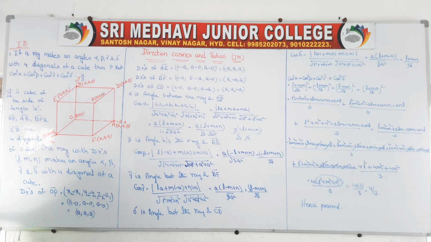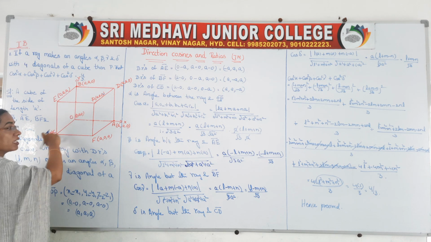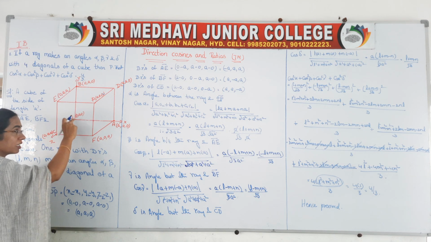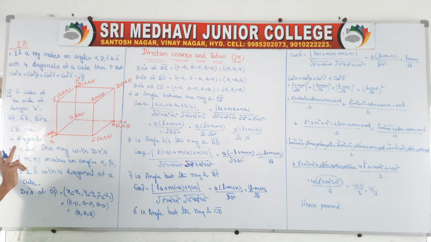Okay, so after that you take the diagonals. 4 diagonals are possible. What is the meaning of diagonal? From the corner or point of intersection of x, y, z, that corner's downward point to opposite side's upward point, if we join the line, that is called the diagonal. In a room, if you see the corner, you can get 3 corners, right?